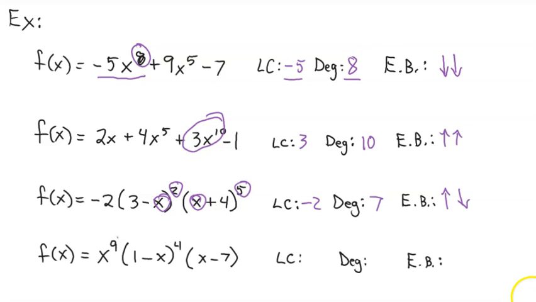And then here we have 9 x's, 4 x's, and this x minus 7 is to the first power, so that's 1 more x. So 9 plus 1 is 10, plus 4 is 14, so the degree is 14. Lead coefficient, well, we have a 1 here, and then this is -1 to the 4th power, which just equals 1, and there's a 1 in front of here, so it's just a bunch of 1s, so the lead coefficient is 1.